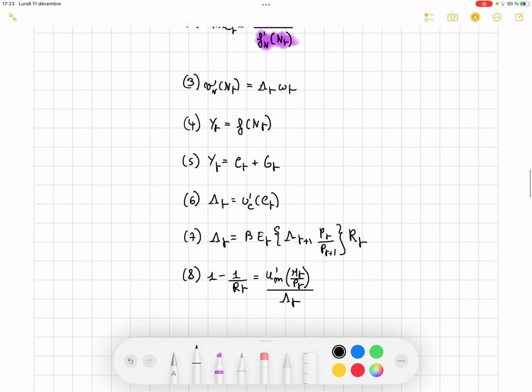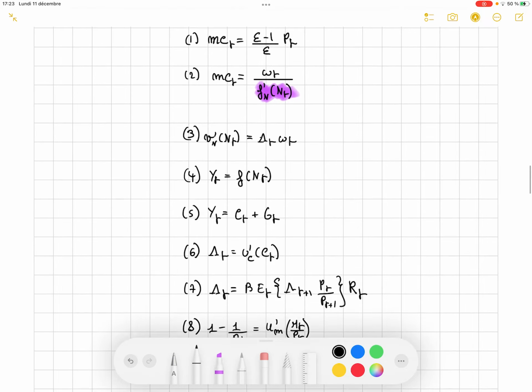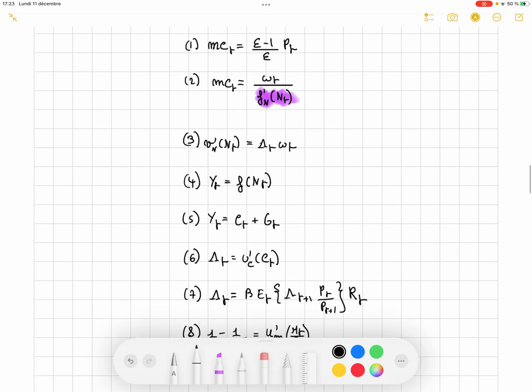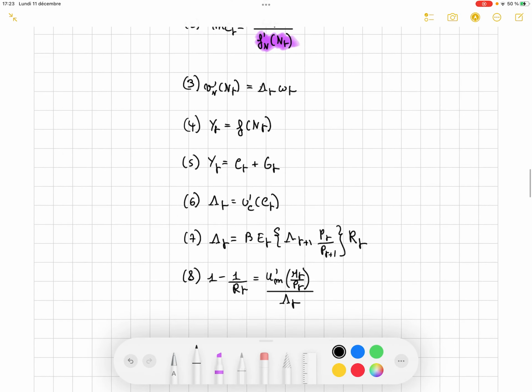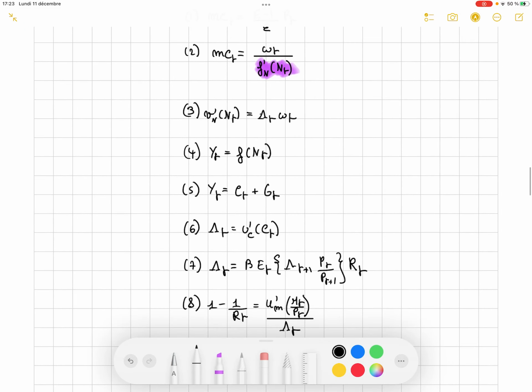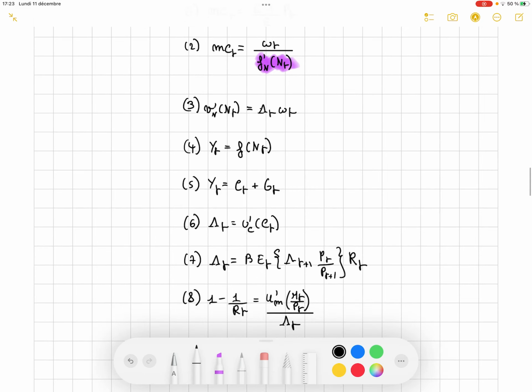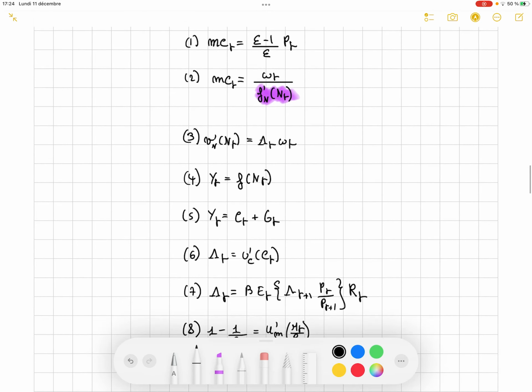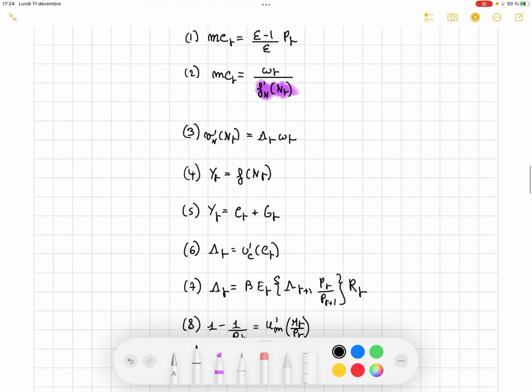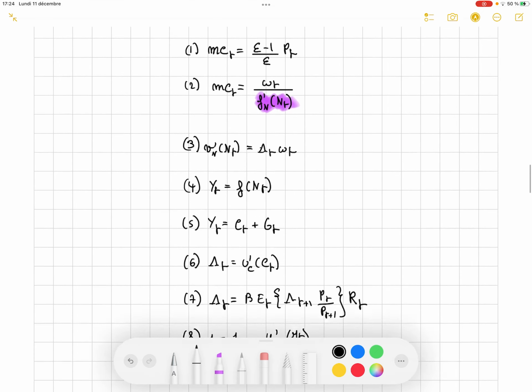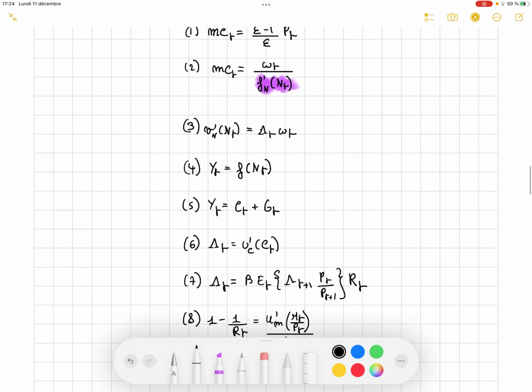Okay, so that's all the equations of our system that we should have considered in our Dynare tutorial if we had the opportunity to do it. And that's basically the equations that were given to you during the second TP.